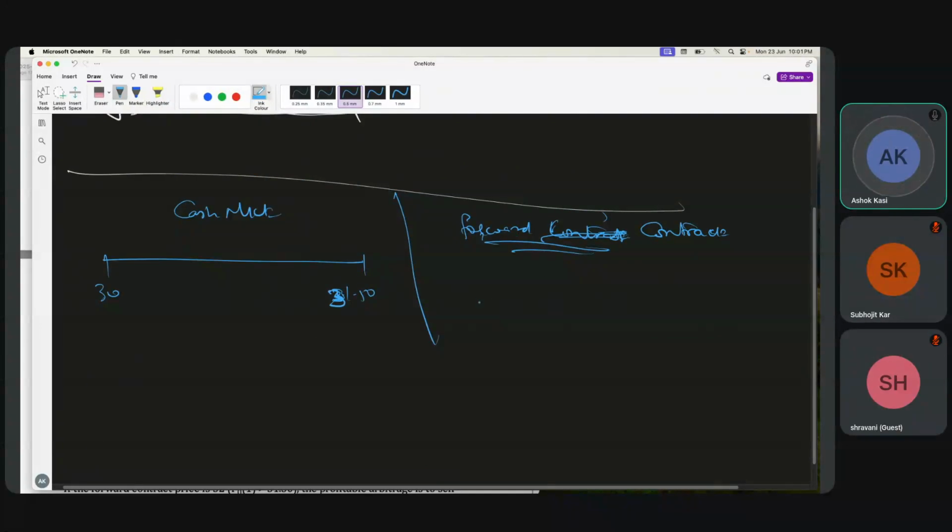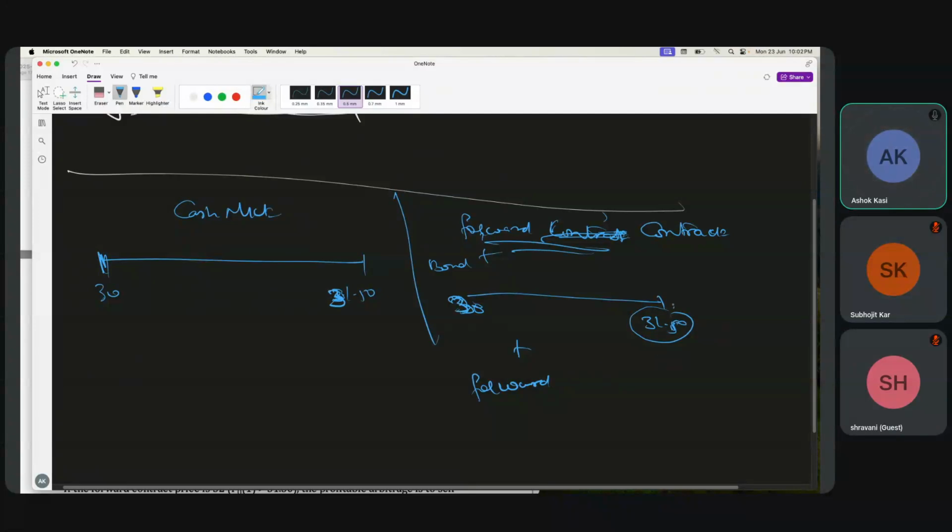Through the forward contract, you are entering into your bond. So this is bond plus forward. Instead of buying stock, you are buying a bond. Now this bond will reach 31.50 after 1 year. Today you have also entered into your forward contract as a buyer, to buy after 1 year at 31.50.